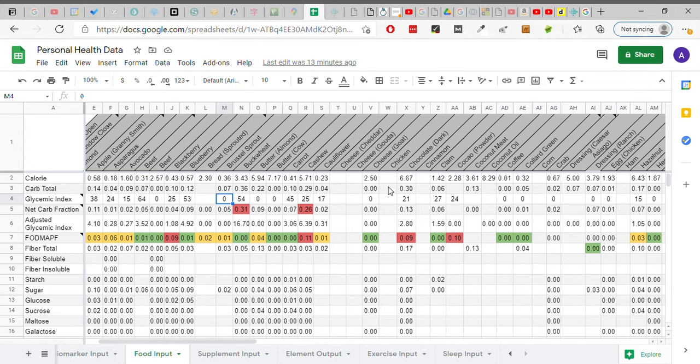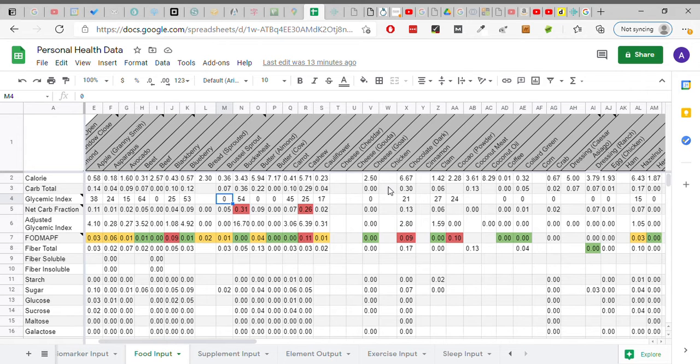At this point we have the net carbs per gram of the food. Then we're going to multiply the net carbs per gram of the food by the amount of grams of food that you actually ate.